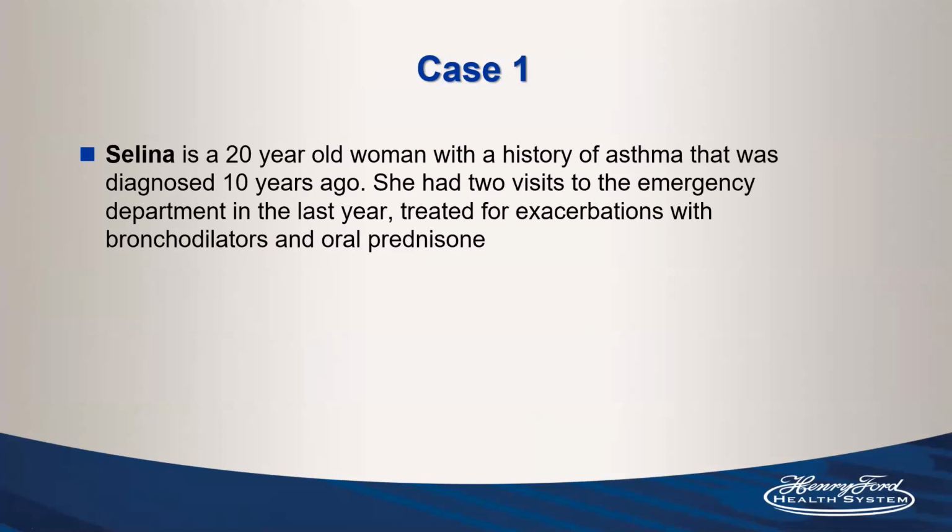We have cases, we have some interactions. Case number 1. So Selena is a 20-year-old woman. She has a history of asthma that was diagnosed 10 years ago. It was diagnosed through pulmonary function testing. She had 2 visits to the emergency department in the last year, and she was treated for exacerbation with bronchodilators and oral prednisone.